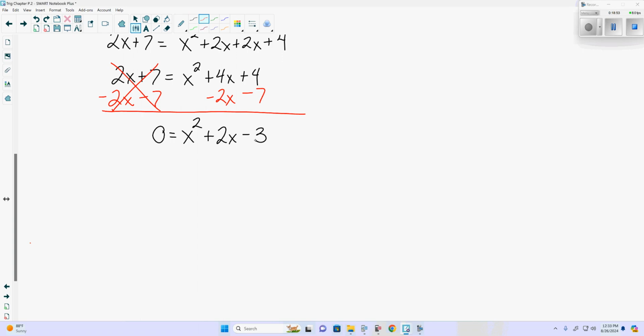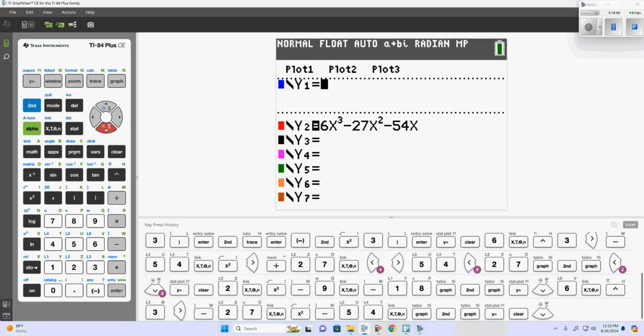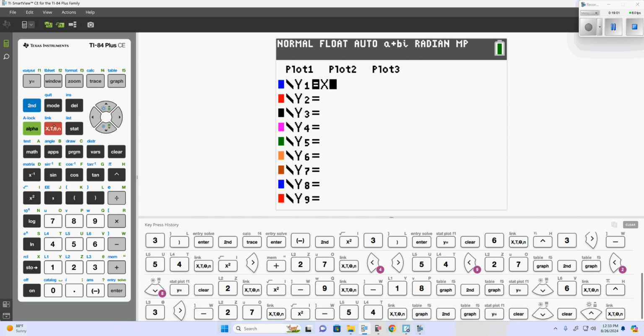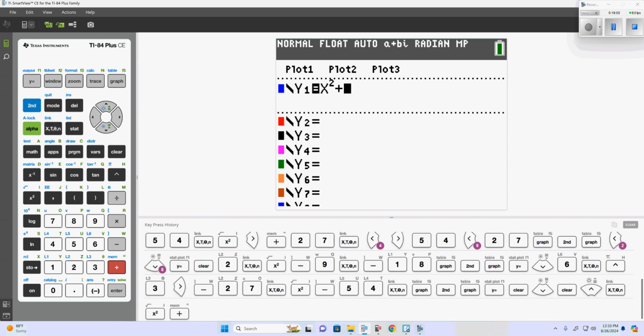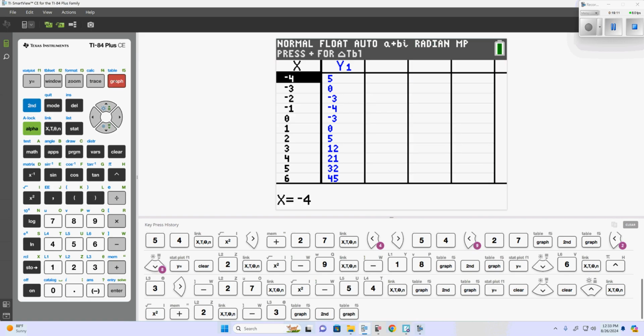The value of a is 1. There's a good chance x squared plus 2x minus 3 is going to graph nicely. Second graph. And when we graph, we're looking for what values of x will make the y value be 0.